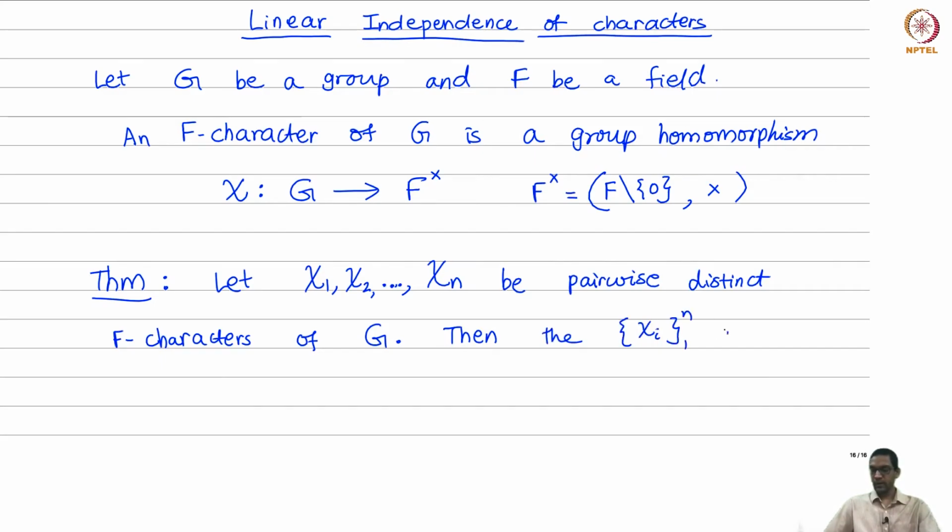Okay, 1 to n are linearly independent over F. So what does that mean?